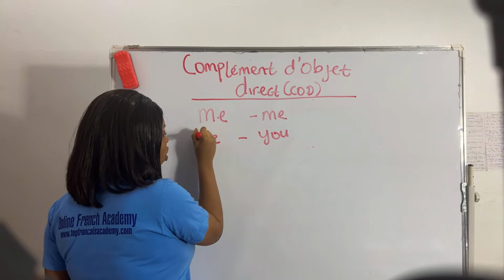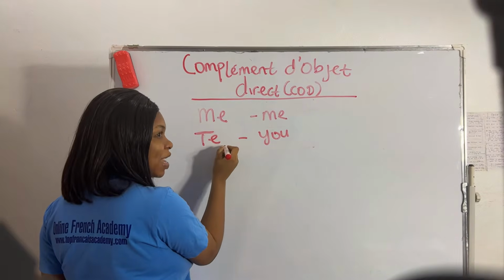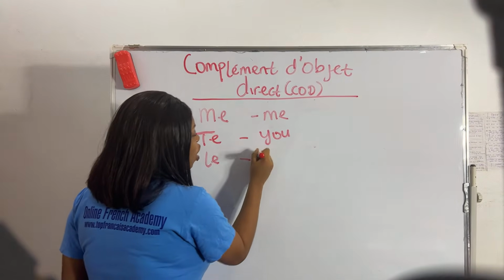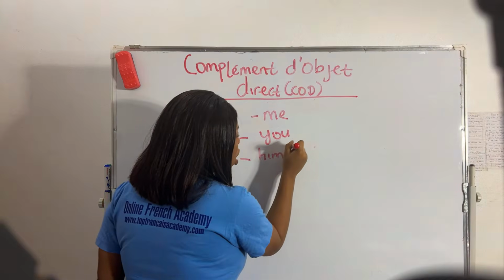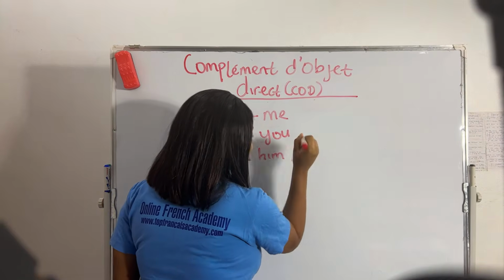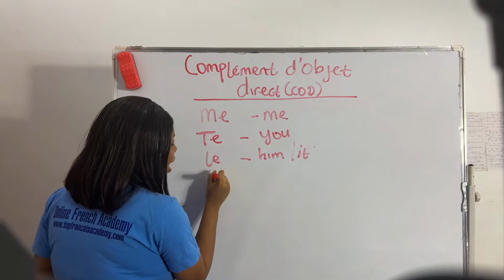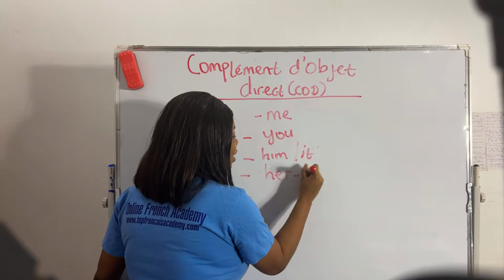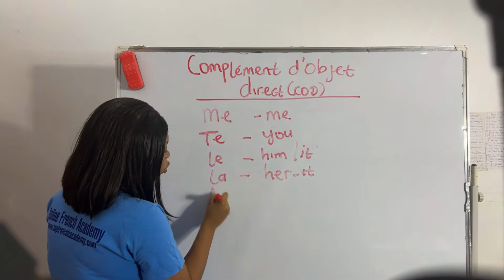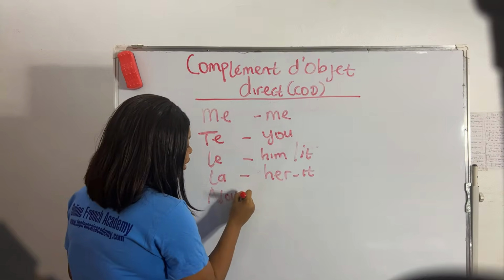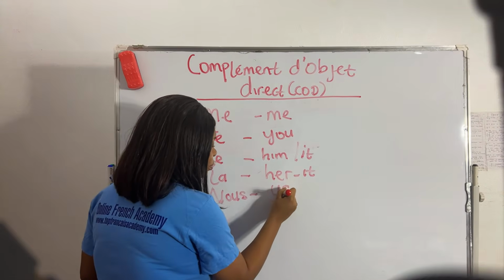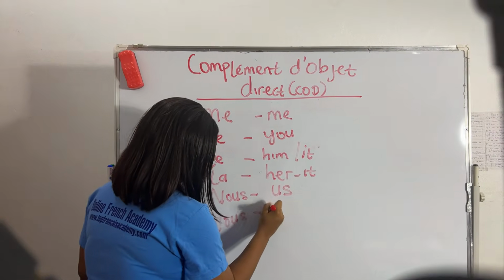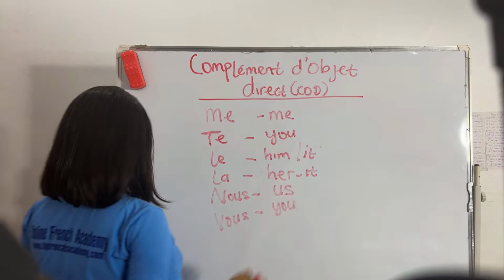It's not to, I'm saying te, T-E. Then the next one, we have le. Le is how you say him or it. Then we have la. La is how you say her or it. Then we have nous. Nous is how you say us. We have vous. Vous is how you say you.